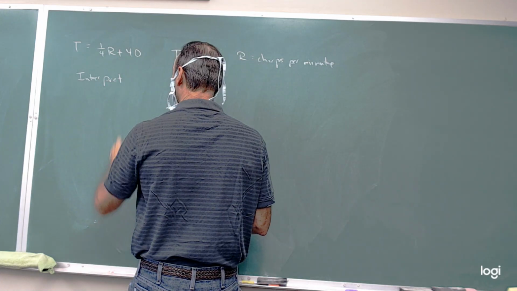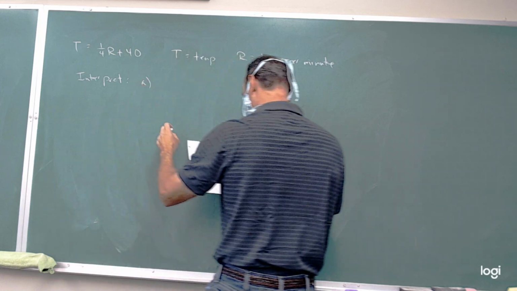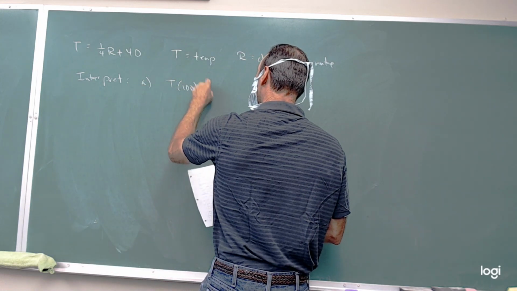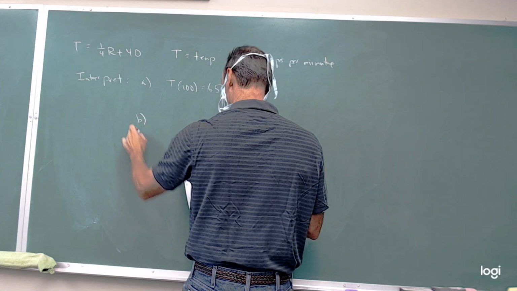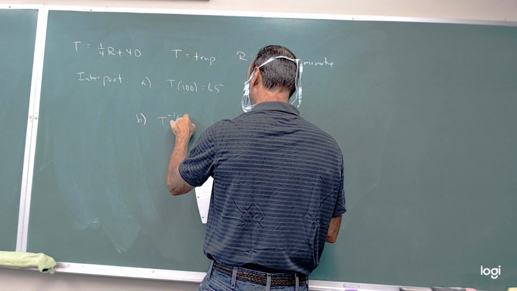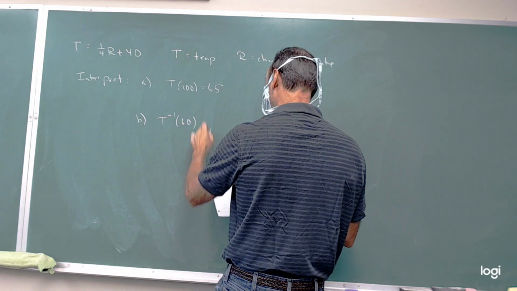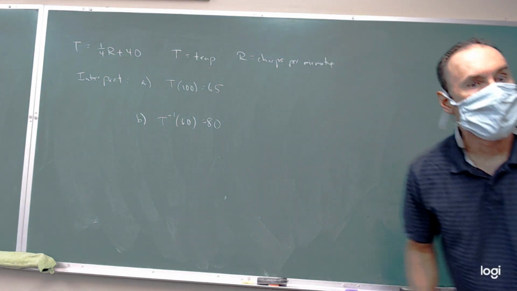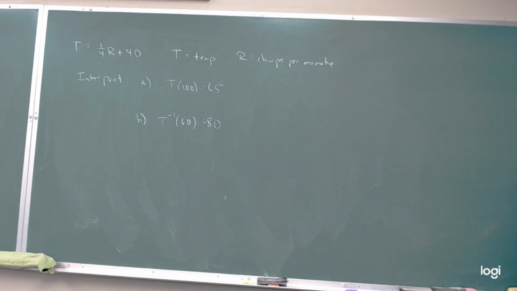So interpret, first of all, T of 100 is equal to 65, and then see if you can say T inverse of 60 is equal to 80, and put the words using the correct units into those two statements.